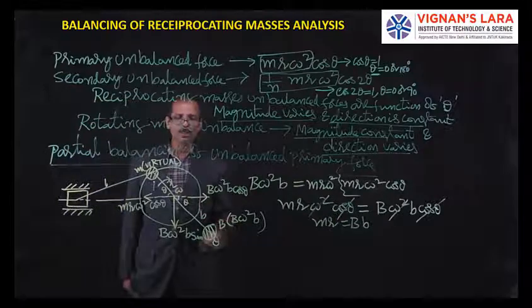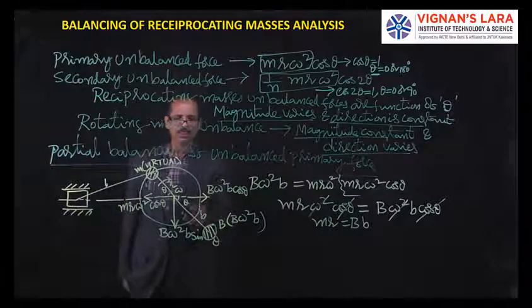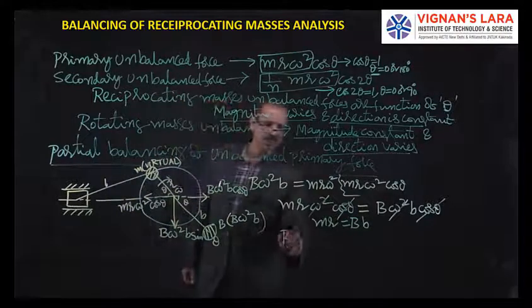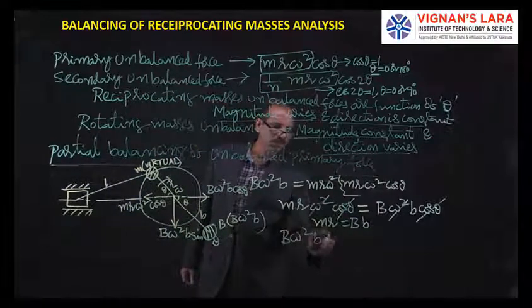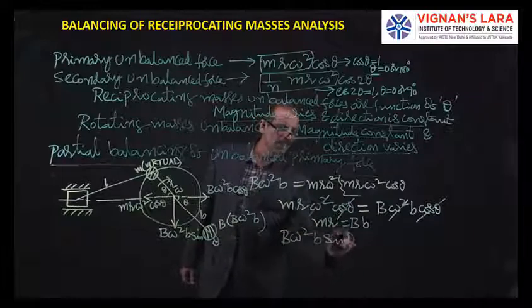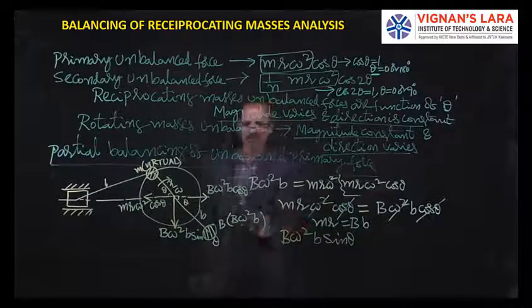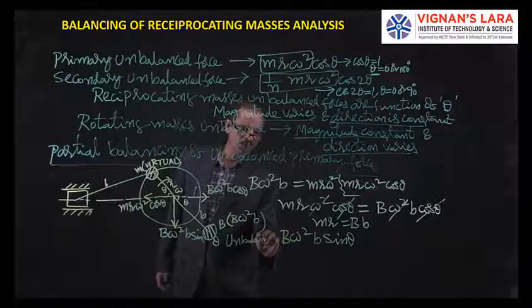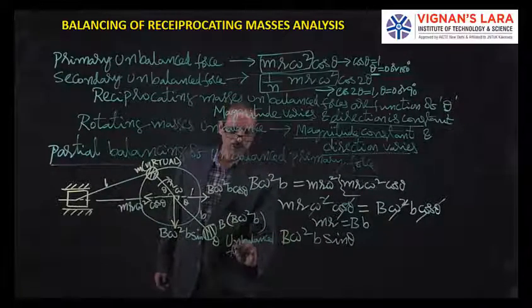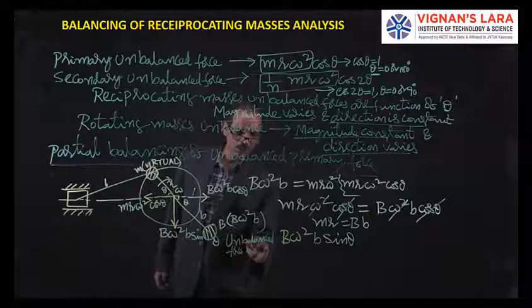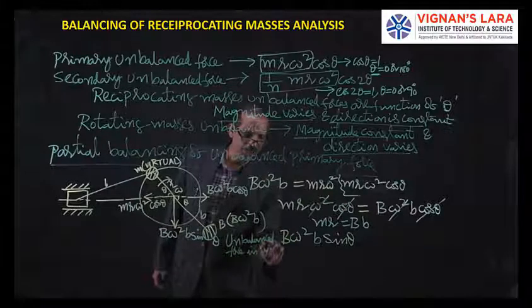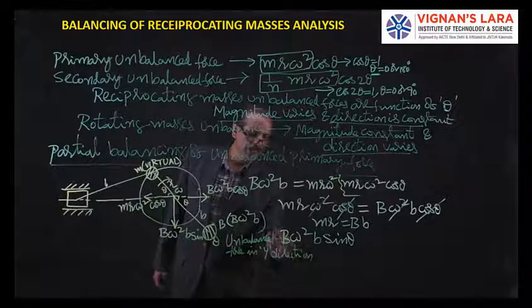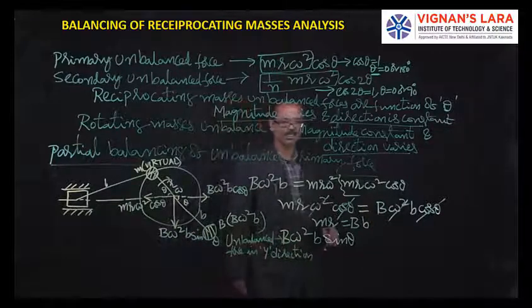But what happened? Because of this, there is an unbalance created in the vertical direction, which is b omega square b sin theta. So the unbalanced force in the y direction has been converted into b omega square b sin theta.